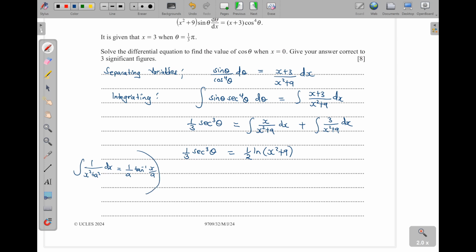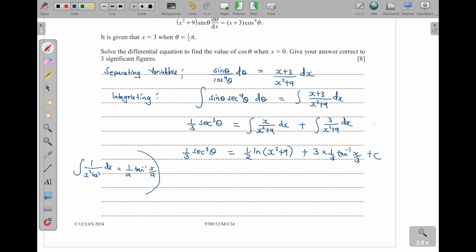Now, I can take the 3 out, then I have 1 over x squared plus 3 squared. Do you see that our a is that 3? So we are going to have plus 3 times 1 over 3, then the arctan of x over 3.